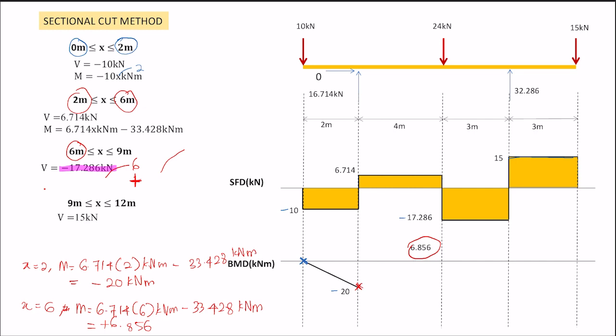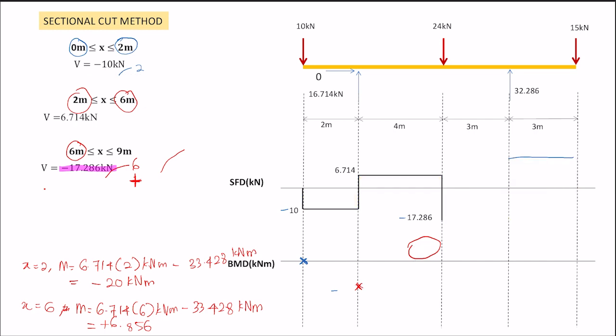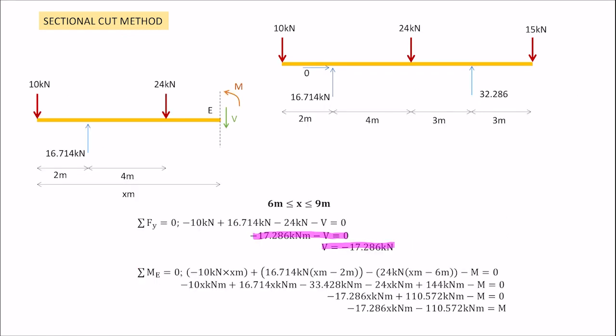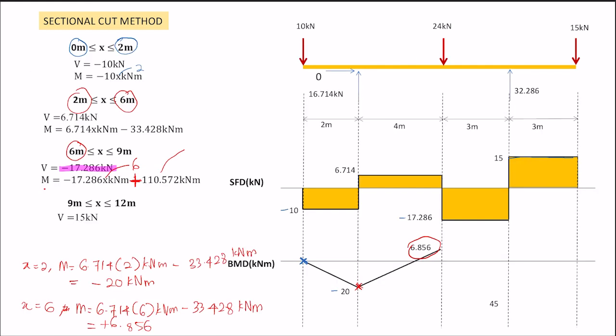And check at the back too, it should also be plus. I think I made a typo but never mind, in the handout I have corrected it. This one is supposed to be plus. This one too, I just corrected it. So if you replace it with 6 meter here, you will get the value 6.856 also.